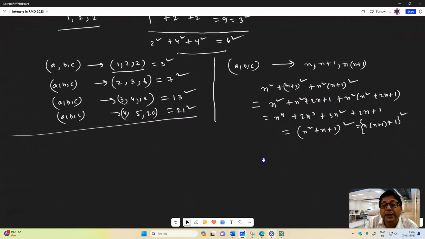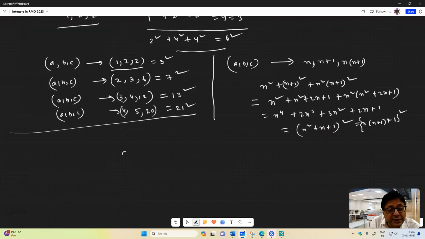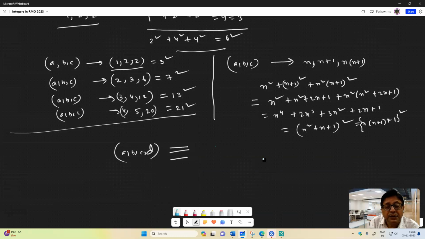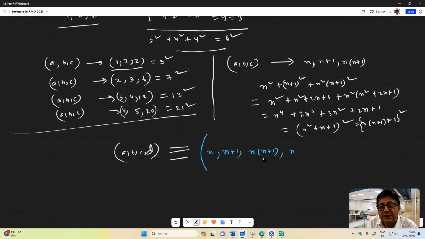So if we write ABCD in this form, where we replace n by what? We replace A by n, B by n plus 1, C by n into n plus 1, and D is the next integer. The integer after C, it will be n into n plus 1 plus 1 over there.